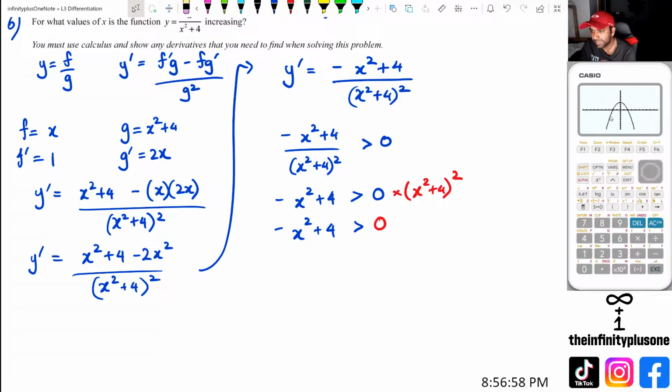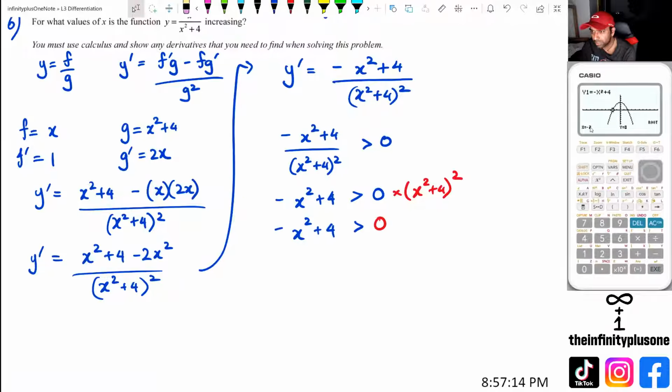This is what my graph looks like. Now I want to know when it is above 0. I need to figure out what this point here and this point here are. To do that, I can click on gsolve and click on root. The first point is negative 2, and the second point is positive 2. So this graph is positive between negative 2 and positive 2.